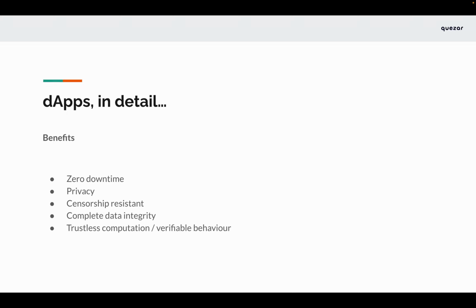So, if you take an example of a centralized service, if someone really wants to tamper with the data, they can go and change the entries in the database. But with blockchain, you cannot change the history, the transactions that have already happened, because with more and more blocks being added to the network, it becomes increasingly harder to tamper with the network.